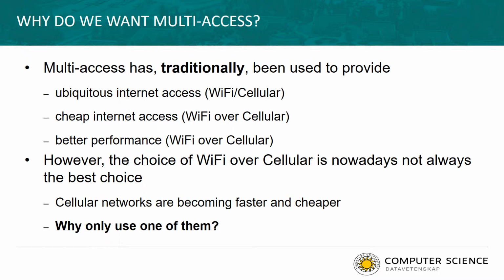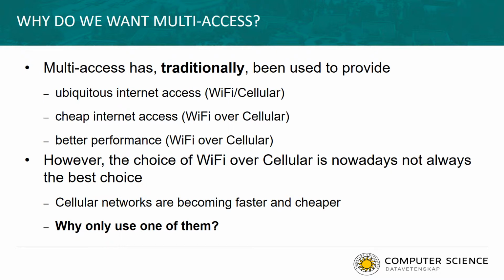Often Wi-Fi gives better performance, a higher throughput, a lower delay than our cellular connection. So these are ways of selecting one of the available interfaces to improve our coverage, our costs, or the performance. However, the choice of Wi-Fi over cellular is perhaps today not always the best choice.